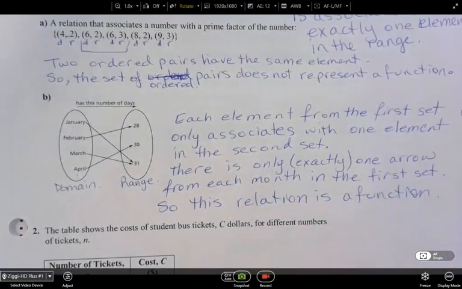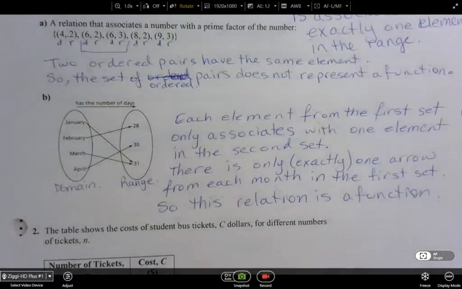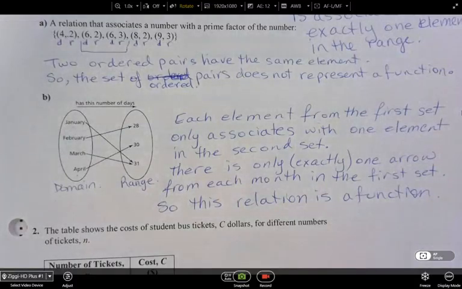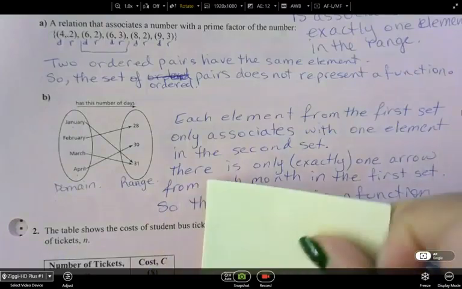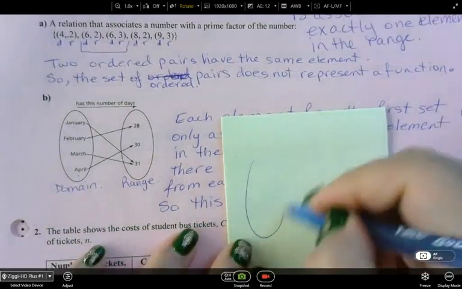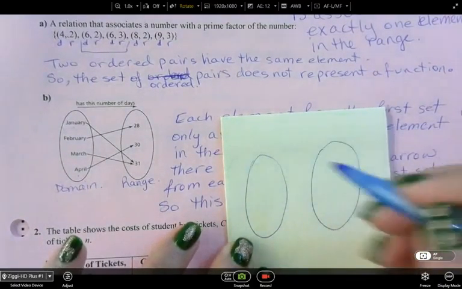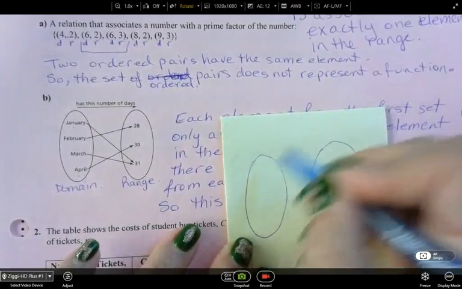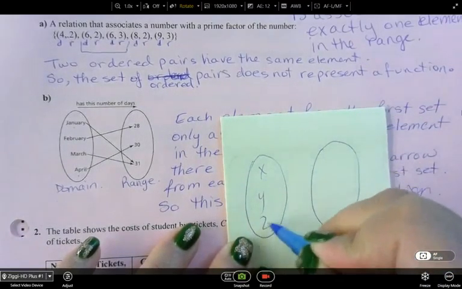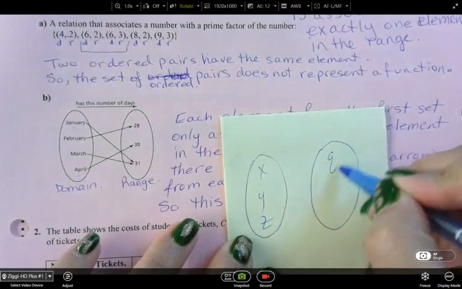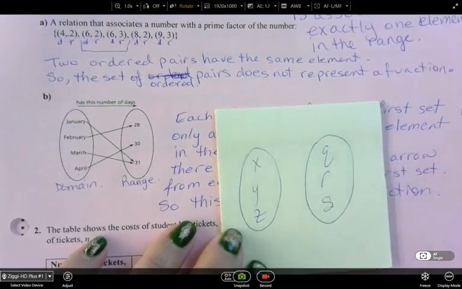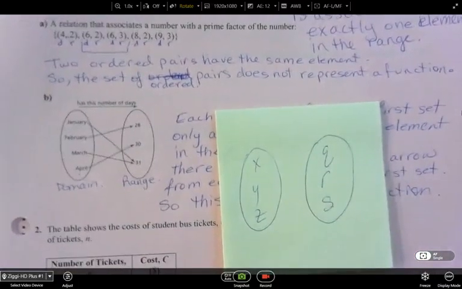All right, now, what would the arrow diagram look like if it was not a function? What would be a fail? Let's say I've got this, and I've got X, Y, Z, Q, R, S, just for giggles, okay?